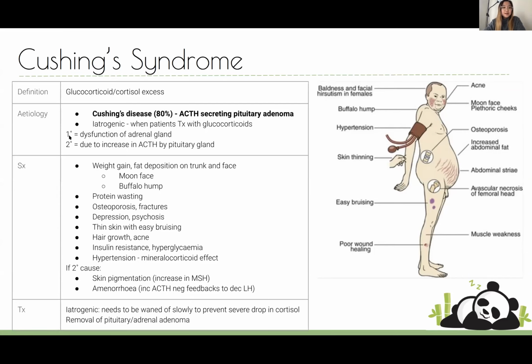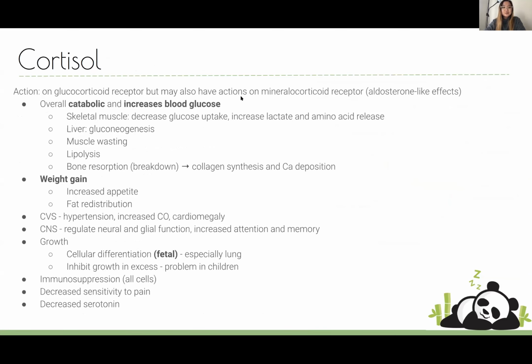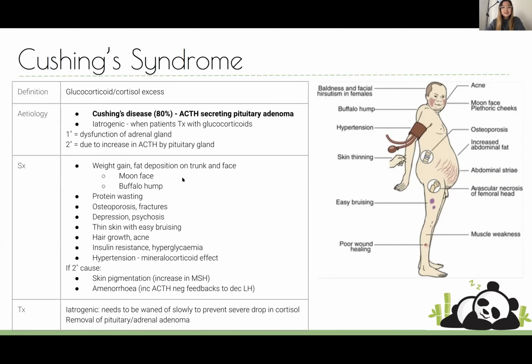A primary etiology will be a dysfunction of the adrenal gland, and a secondary etiology will be an increase in ACTH via the pituitary gland, so it's a pituitary gland issue. The symptoms are literally just the actions of cortisol, but exaggerated. Some really characteristic things you should remember are the moon face and the buffalo hump.